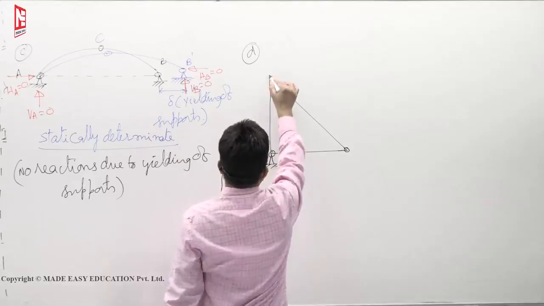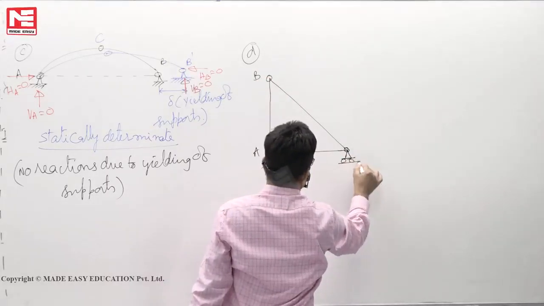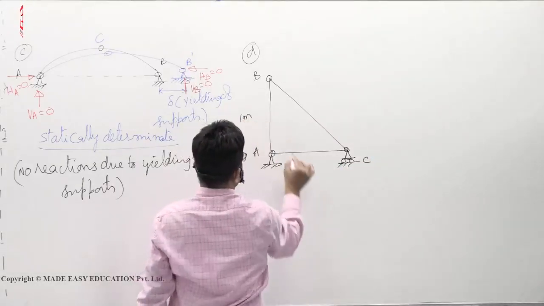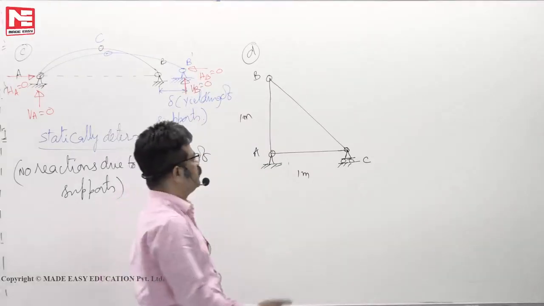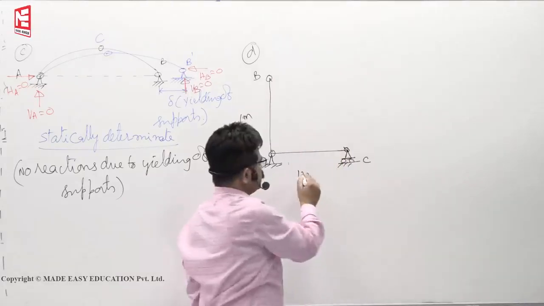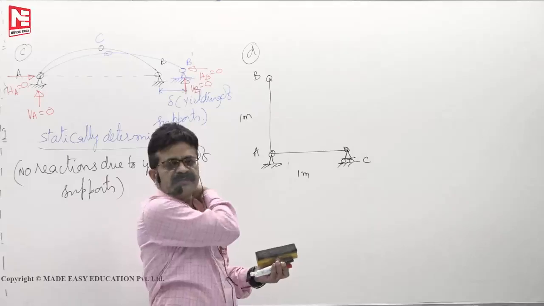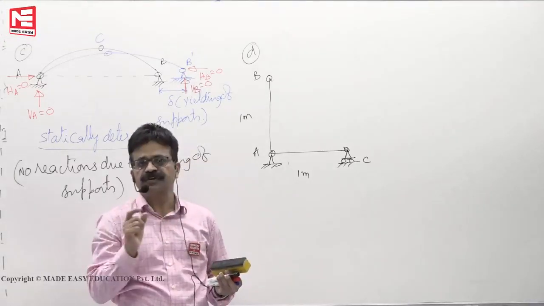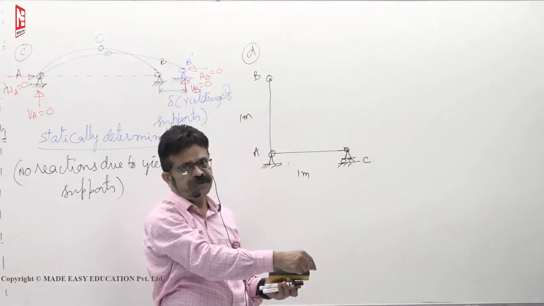This point A, B, this point let us say C. This is say 1 meter, 1 meter, and naturally BC length is root 2, which means 1.414 meters, which means 1414 mm. You ask the welder to cut 1414 mm.